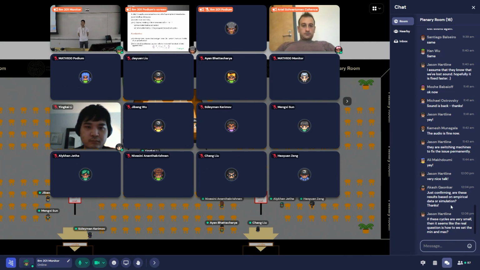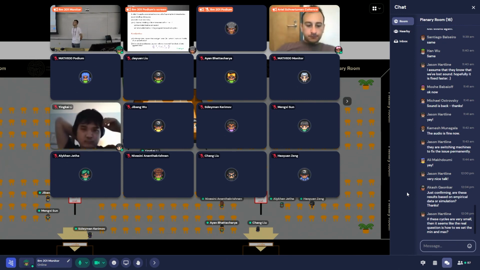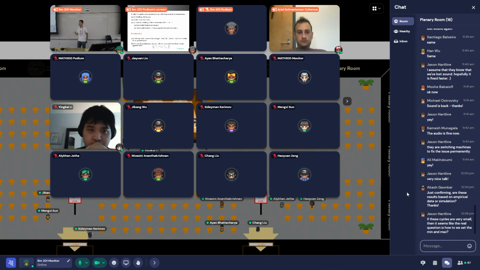Can I ask quickly, do you get your result because you can embed a classical 2-dimensional problem inside 3 states, or is there any way you can embed a classical problem inside this model?